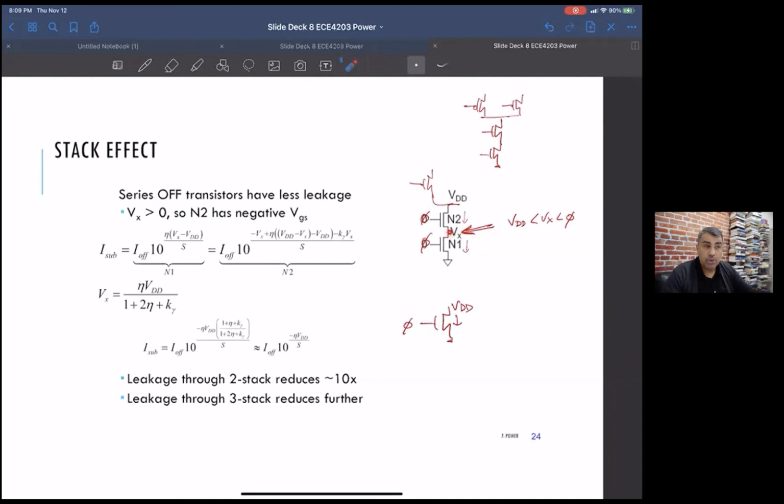So even if you have a low threshold, you're several 100 millivolt increments below it. So having this stacked, the more stacks you have, the more you reduce this. And because the leakage current goes from drain to source, if one of them has low leakage current, it's cutting off the leakage path from supply to ground. So N2 ends up with a very low leakage current because of this negative gate-source voltage.